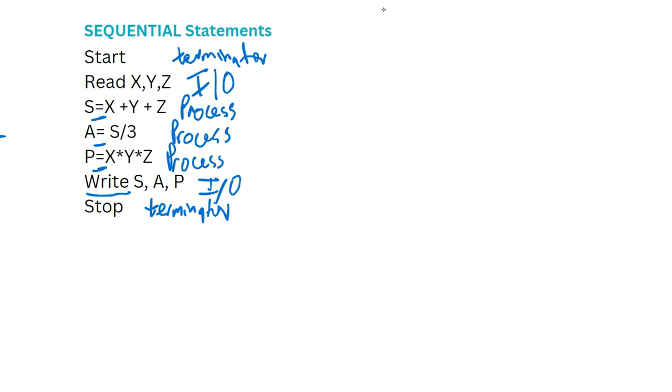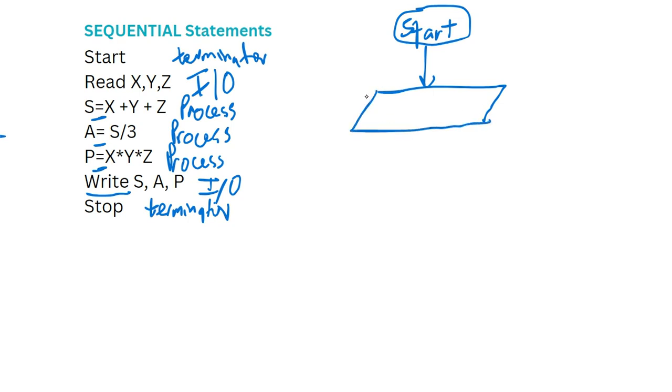So those are the symbols we're expecting to see in the flowchart, right? So let's start. The beginning of the flowchart will have an oval, and inside that oval we have start. With flow lines, the next line is an input output, which is a parallelogram, and that will have read X, Y, Z. Next line is a process.